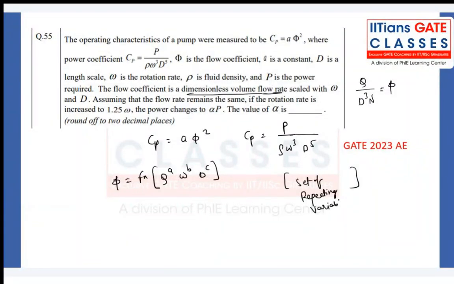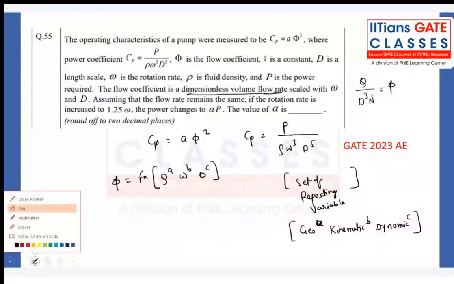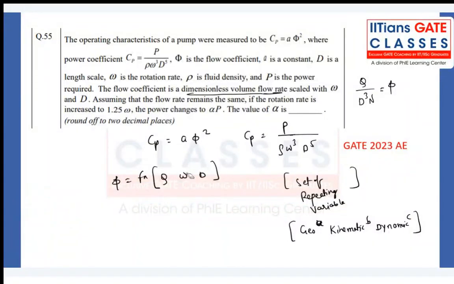The set of repeating variables must be like this: geometric variables to the power a, kinematic variables to the power b, and dynamic variables to the power c. Three terms must be there. So you can adjust the power accordingly, like you can place D to the power a. Omega is kinematic, per second. Q will be the dynamic term, that is meter cube per second. So that is Q to the power c.